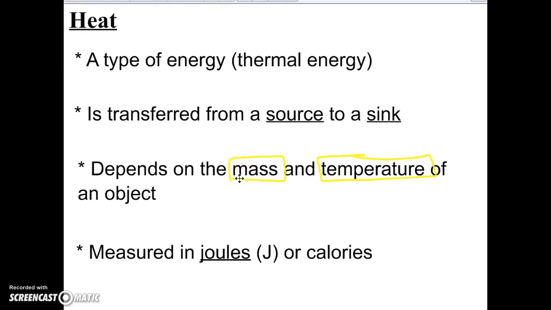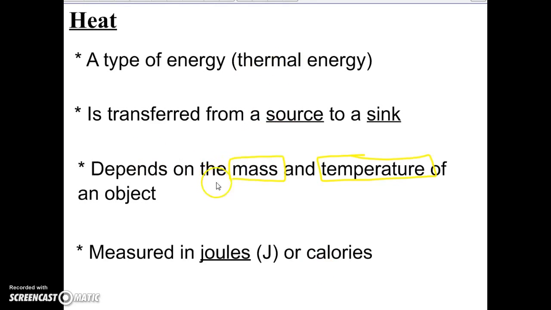And then the final thing is that there are two units that we can use to measure heat. In the reference table, they use joules, which is capital J is the symbol. When we're looking at heat energy that we get from food, we measure it, of course, in calories. So when you look at a label of food, it tells you how many calories you're getting. Calories measures how much heat energy your body will get when you eat that food.